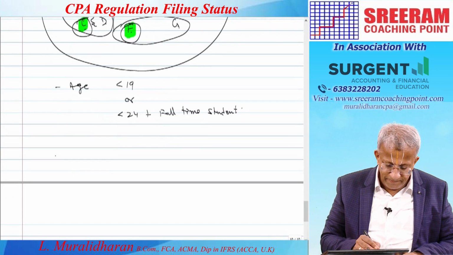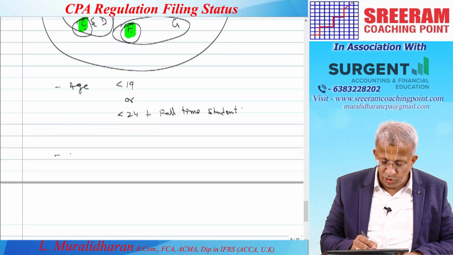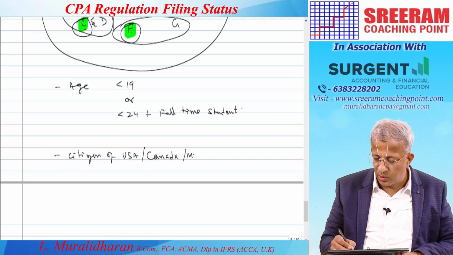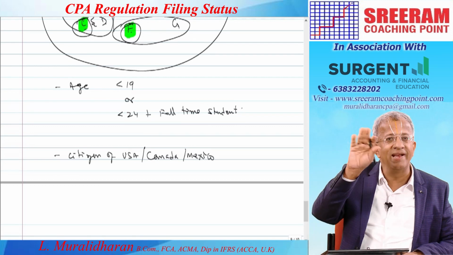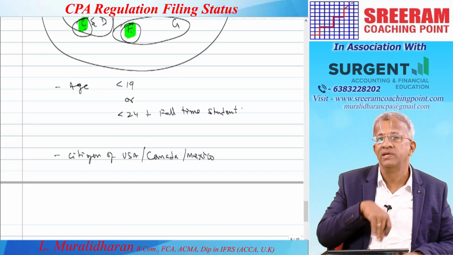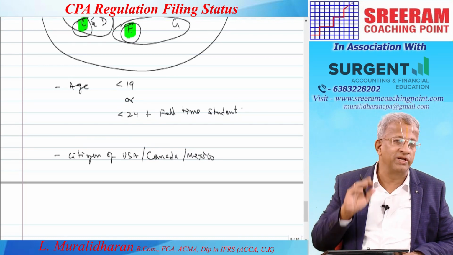Next one is that the person should be that of a citizen of USA or Canada. The other one is Mexico. So, that entire region, that American continent where you have Canada as well as Mexico as part of that total continent.